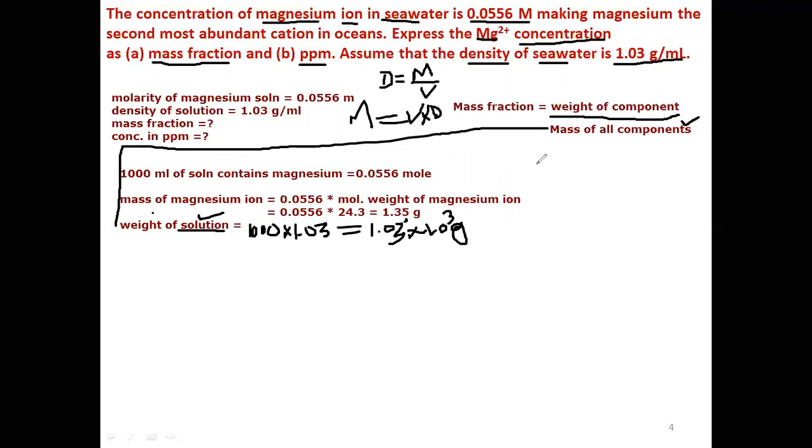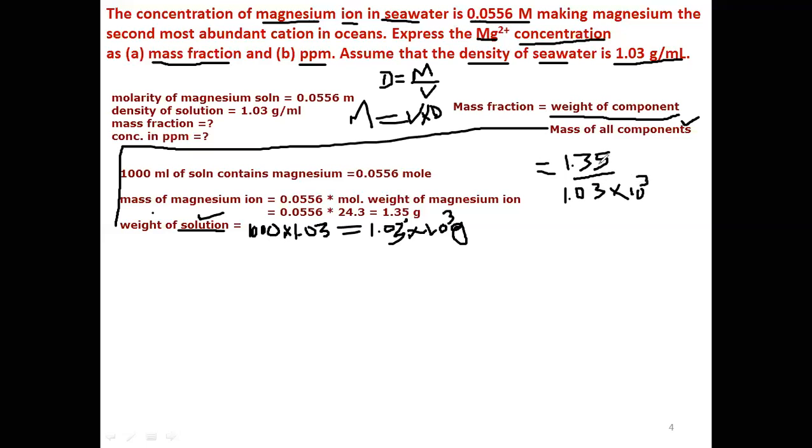So we have to calculate mass fraction. Mass fraction is the weight of component. What is the weight of magnesium ion? It is 1.35 divided by the weight of all the components, that means the weight of solution, 1.03 into 10 raised to the power 3.